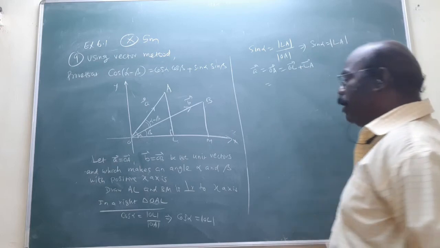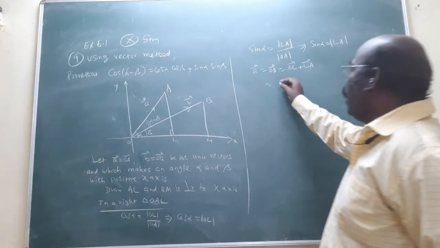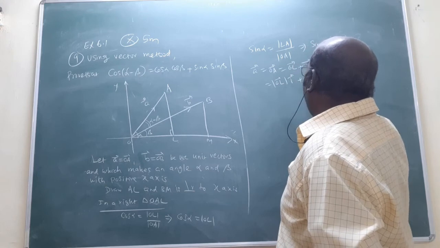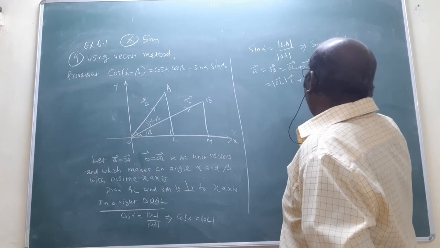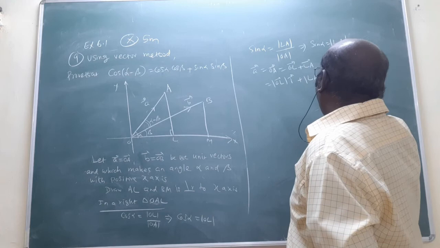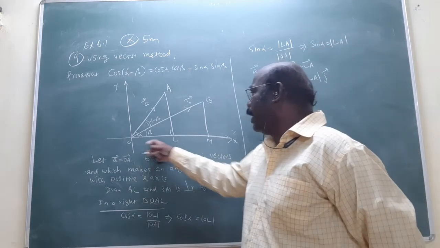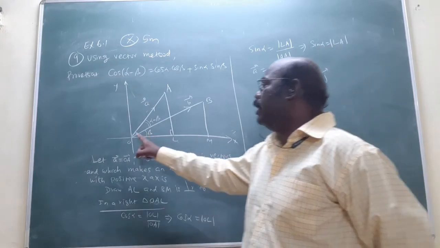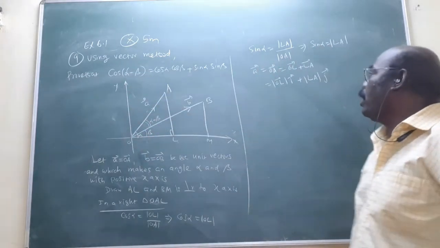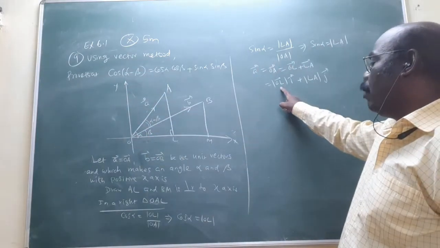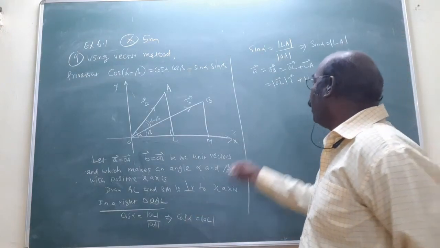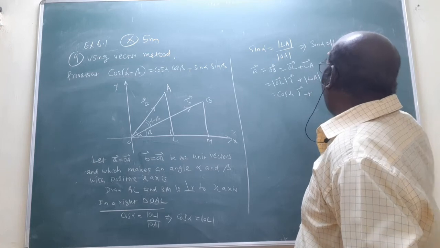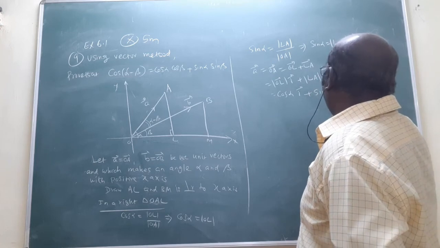The OL can be written as modulus of OL vector into i vector, and again LA as modulus of LA vector into j vector, because the i vector is along the x-axis and the j vector along the y-axis. The modulus of OL is cos alpha, and LA is sin alpha. So the A vector is cos alpha into i vector plus sin alpha into j vector.